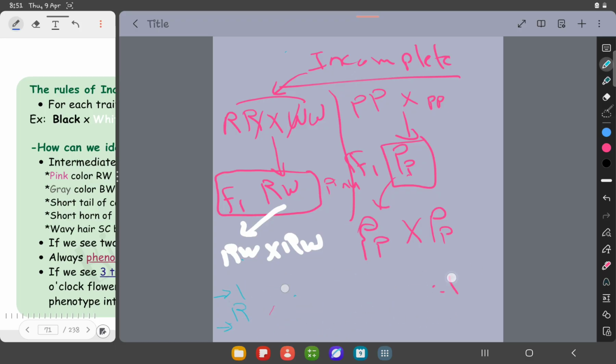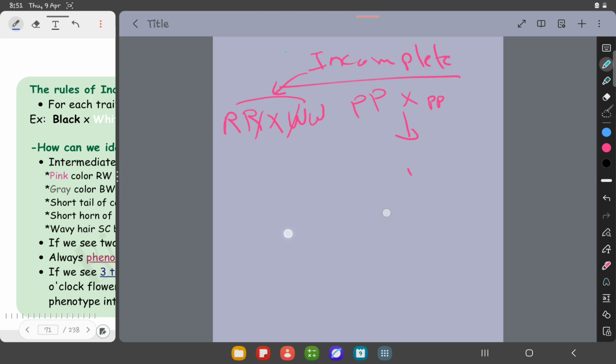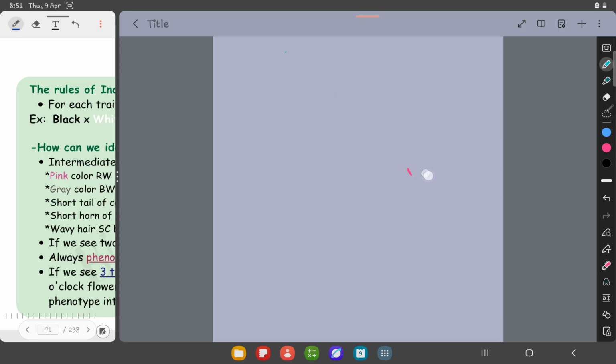For example, let's talk now about another example, which is the tail in the cat, the length of the tail. We said also for the length of the tail of the cat, we have 3 traits. What do you mean by that? We have long tail, and if you cross it with no tail, which is the opposite of it, at that time we will get what?